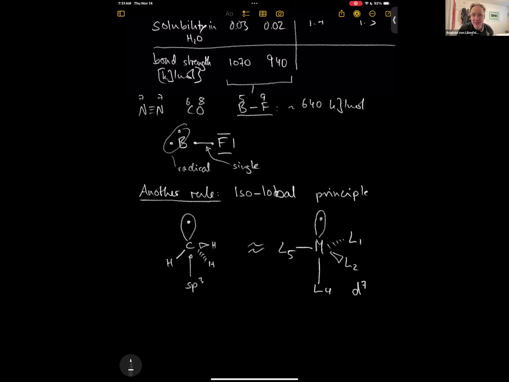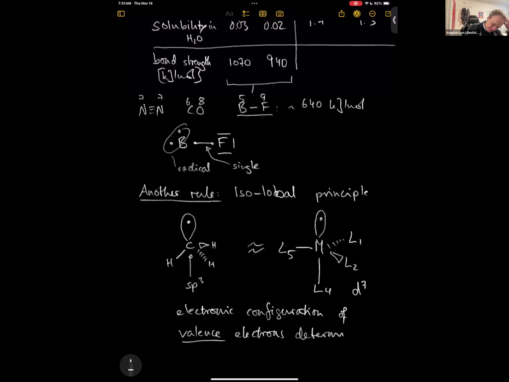Even though these two elements are very far away in the periodic table, and in fact do not have the same number of electrons, you see that the electronic configuration of the valence electrons determines the trends.